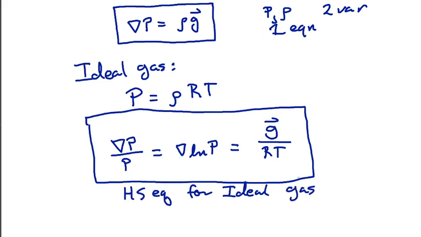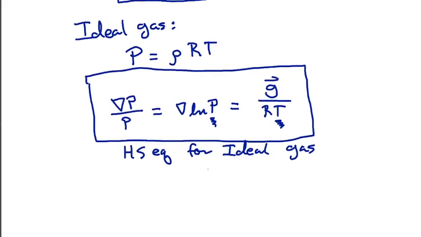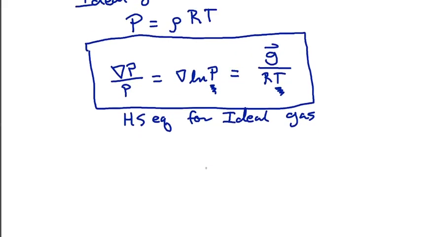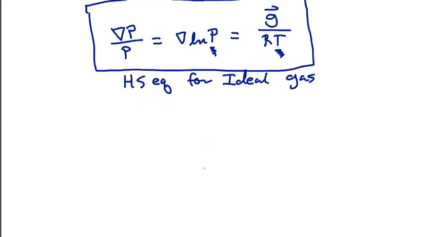Now you might ask yourself, what have we gained by rewriting the system in this way, and in particular in introducing T, which we don't know, when we also have p, which we don't know? We still have two variables. We still only have one equation. What gives? Well, quite often we can make a good guess for what the structure of T(z) is.